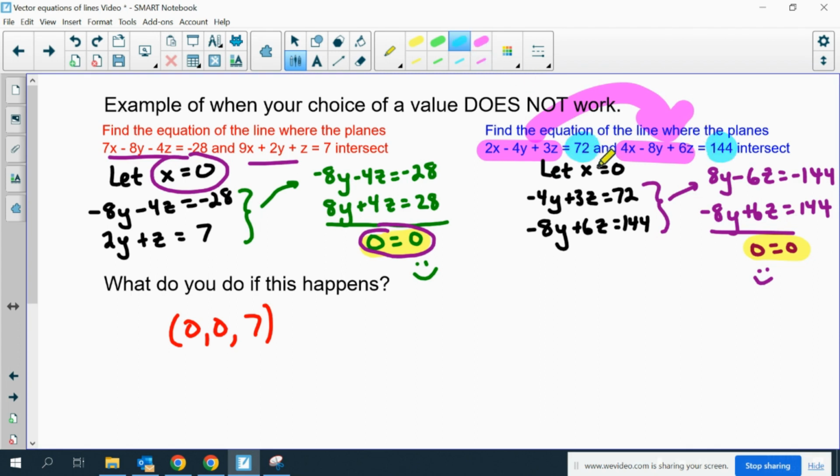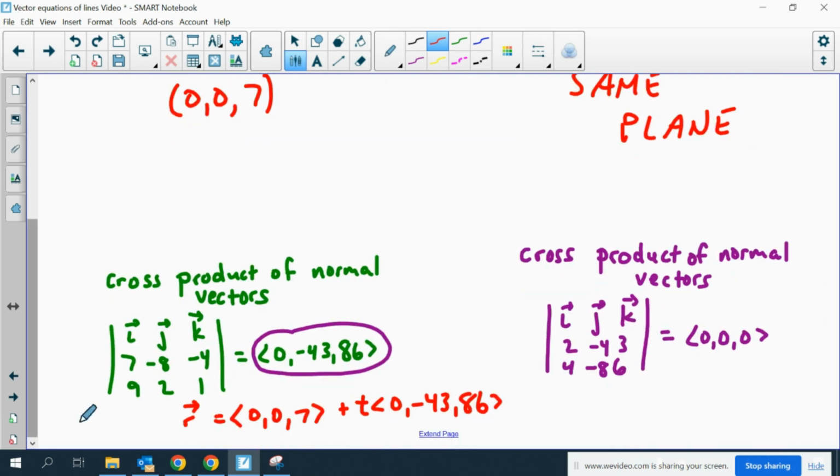These got multiplied by 2. So in that case, they should actually be the same plane. And that makes sense. So I'm not going to get a line because the planes are actually the same. Again, notice when the cross product is all zeros, you can't go anywhere. So you can't make a line.